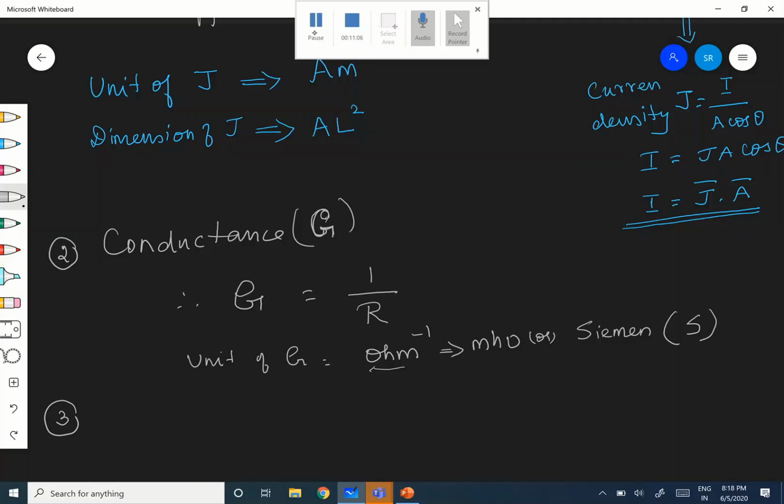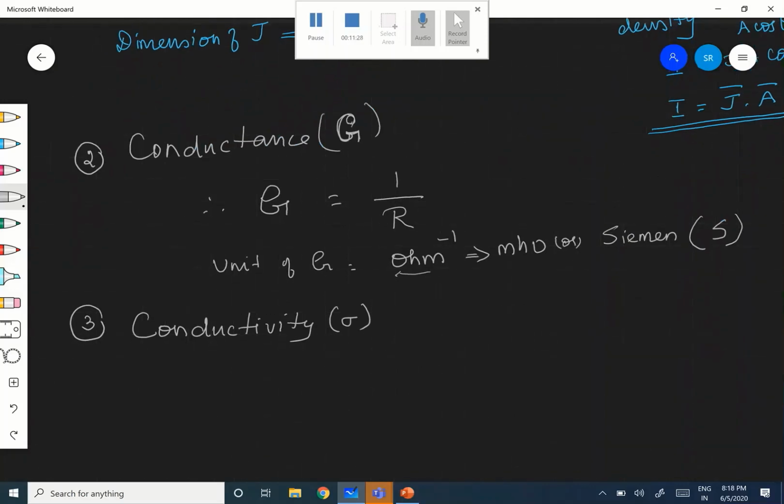We have seen heat also last year, but now we are dealing with current electricity. Conductivity is denoted by sigma. What is conductivity? Conductivity is nothing but the reciprocal of resistivity.